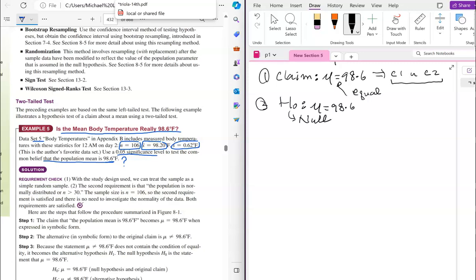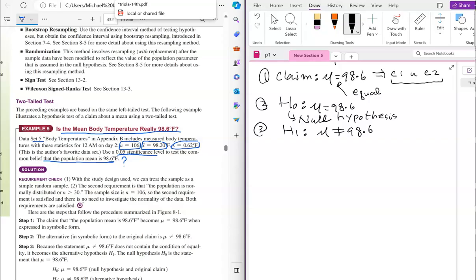Null is always equal. And then the alternative hypothesis. Now this is important. The alternative hypothesis is not equal.